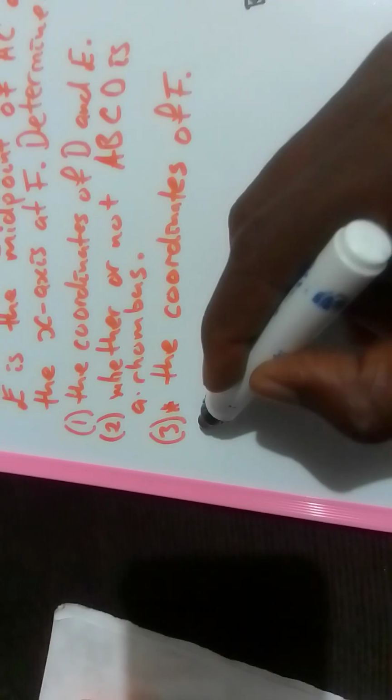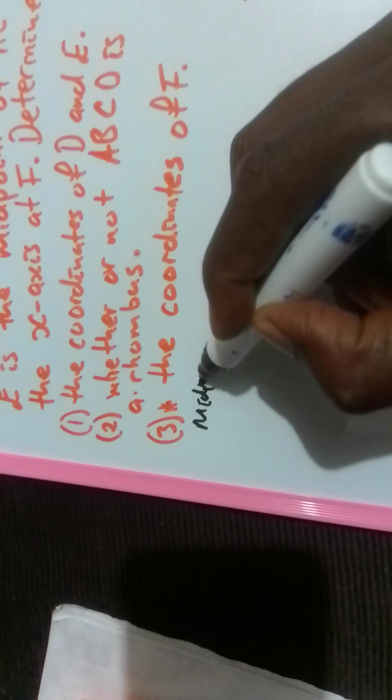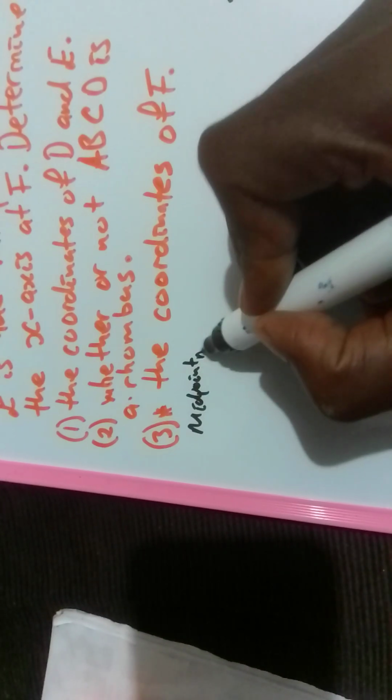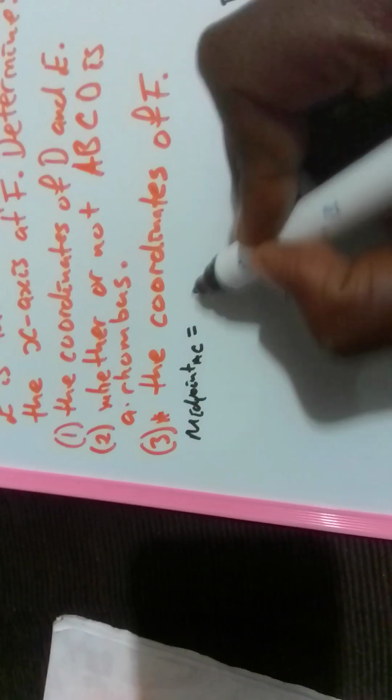So when we start, we say the midpoint of line AC is equal to, remember, x1 plus x2 over 2, so the x1 is -1, the x2 is +3. So I've got -1 plus 3 divided by 2. Then I go to the y1, which is 4, and a y2 which is 2.